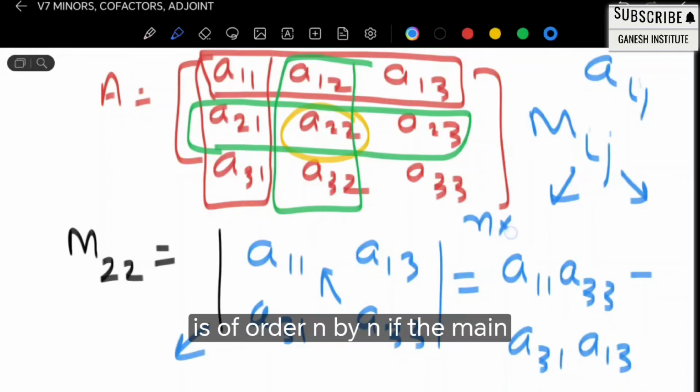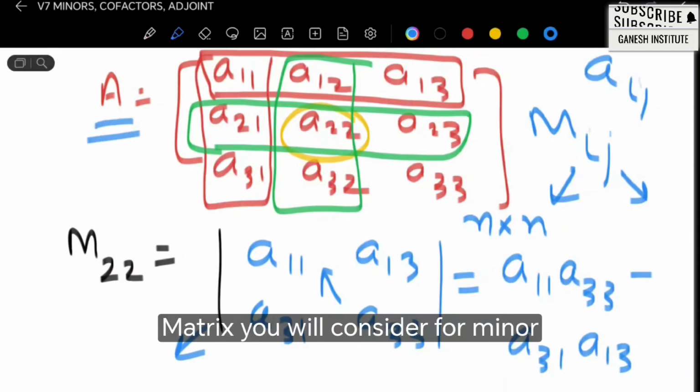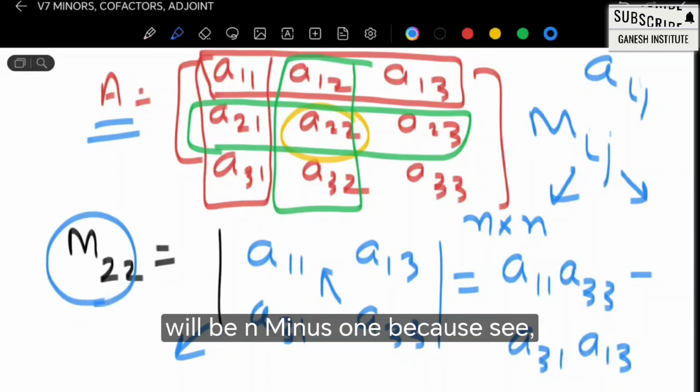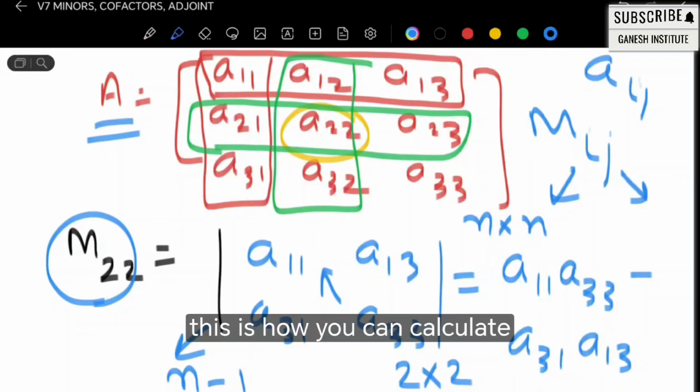If the main matrix is of order n by n, then the order of the matrix you will consider for minor will be n minus 1, because see, this is 2 by 2 order. Correct? So this is how you can calculate minors.